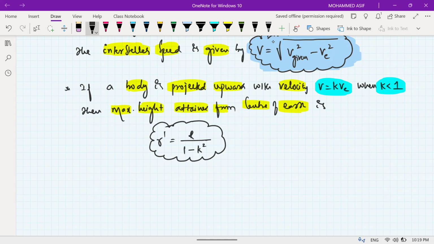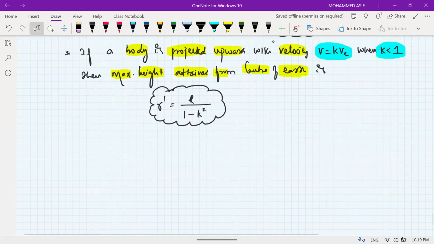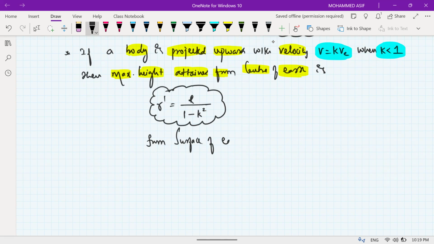Whereas from the surface of the earth, it will be equal to how much for me? From the surface of the earth, that means h will be equal to small r minus capital R. So if I simplify this, height will be equal to capital R into k square divided by 1 minus k square.